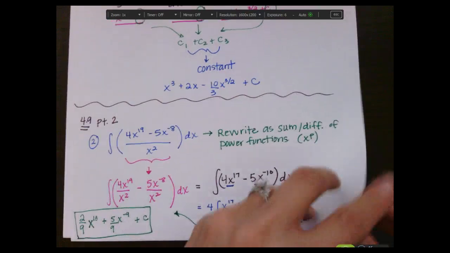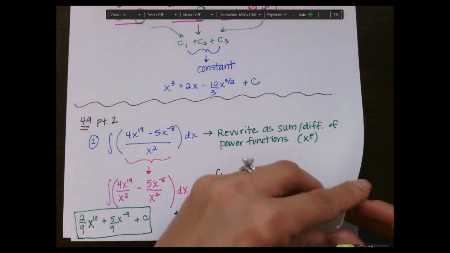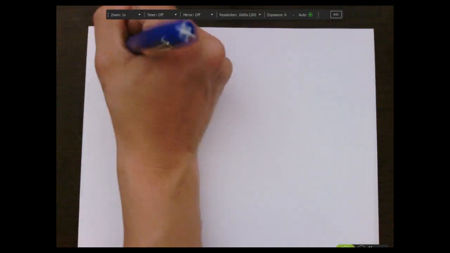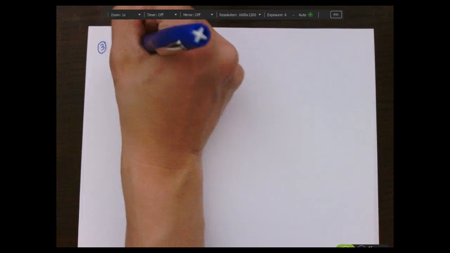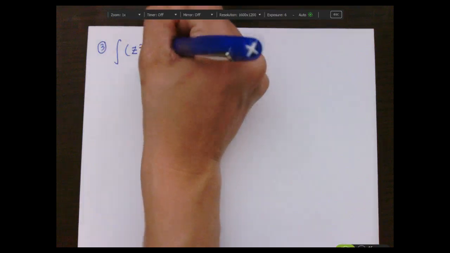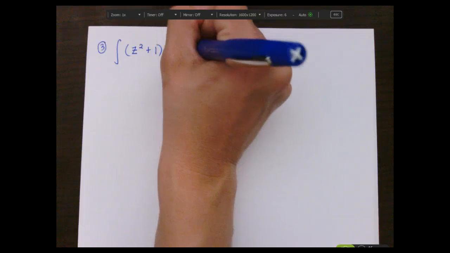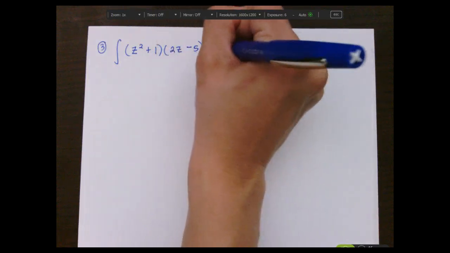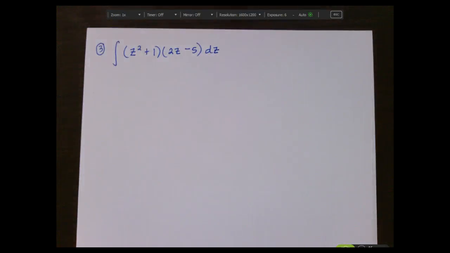Flip my paper here. All right, third example. This one I've got some z's. So over the years I've learned that putting a little dash through my z helps me distinguish that from a 2.